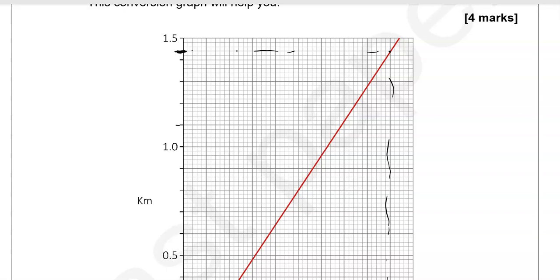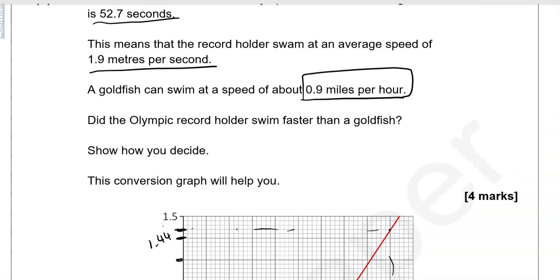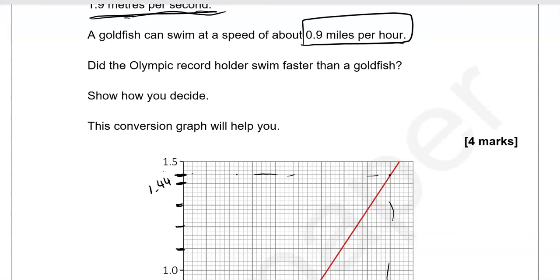So this is 1.1, 1.2, 1.3, 1.4, 1.424. So this is 1.44. Let's get it into meters now, convert it into meters, because that's how we're given the other speed.